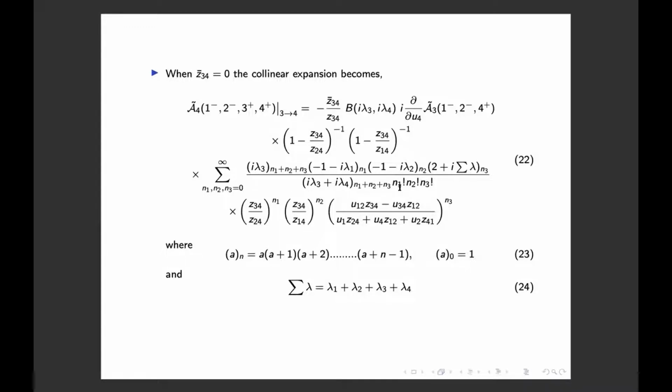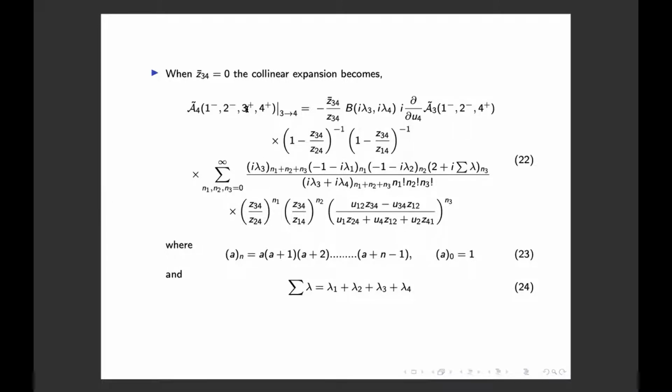From here you can see that once you expand these prefactors, 1 minus z34 by z24 and 1 minus z34 by z14, this is actually an expansion in terms of z34 and u34, and this is also multiplied by this A tilde 3, which is the 3-point function.